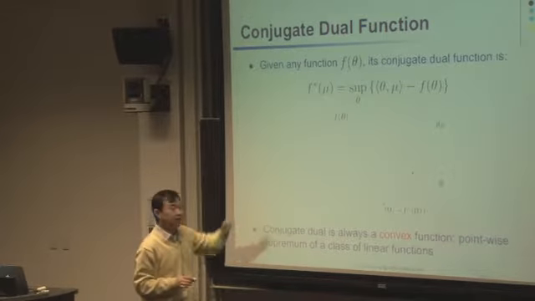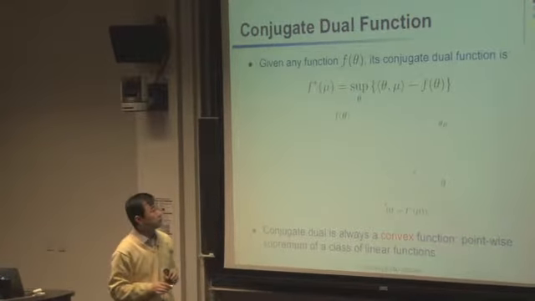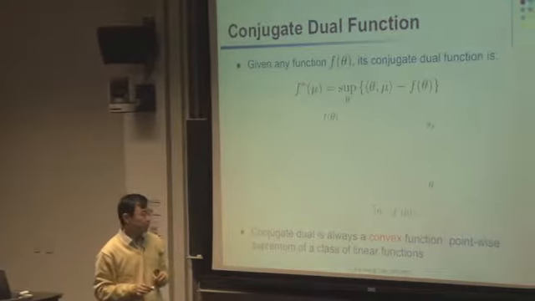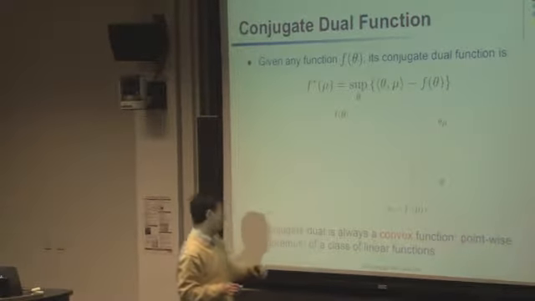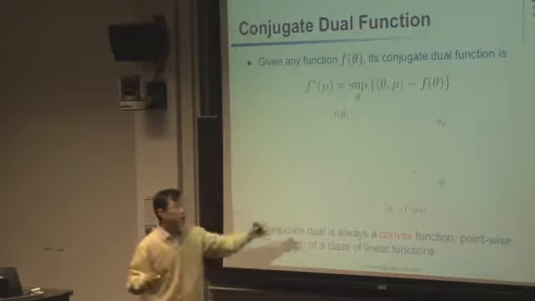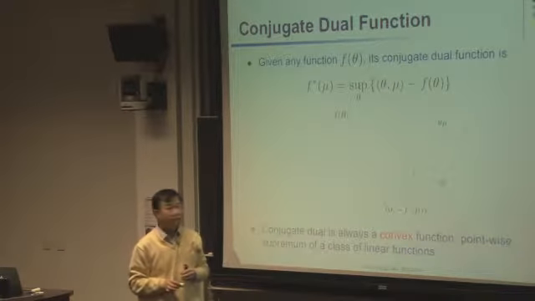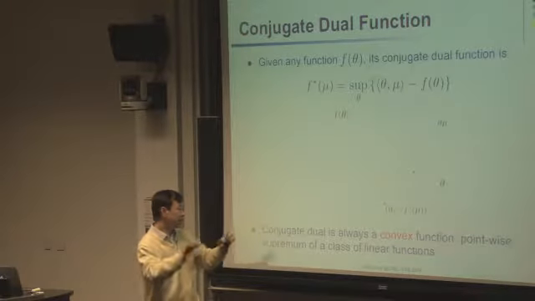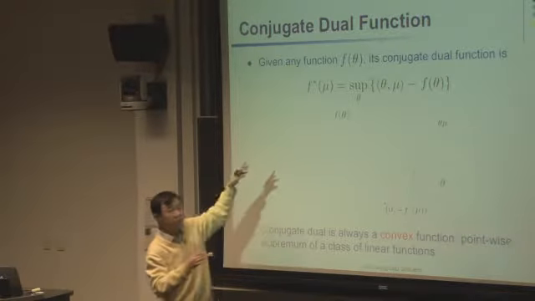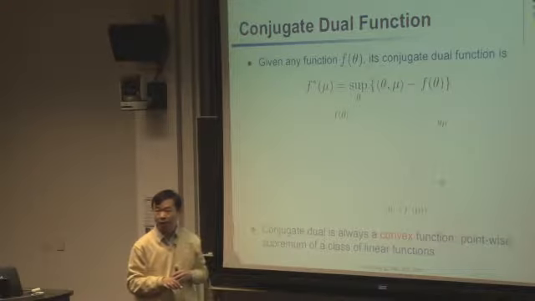First of all, it is a convex function. Why? Because it is really just a bunch of linear functions, theta times mu, but taken as a pointwise supremum over all the theta, or all the mu.